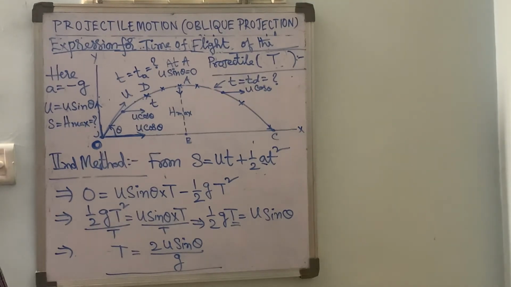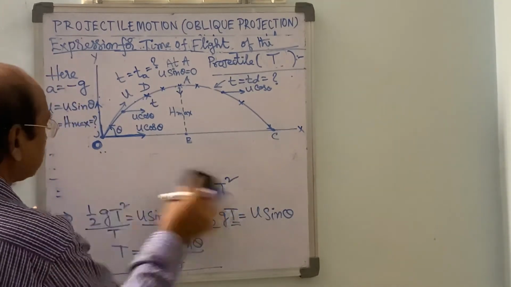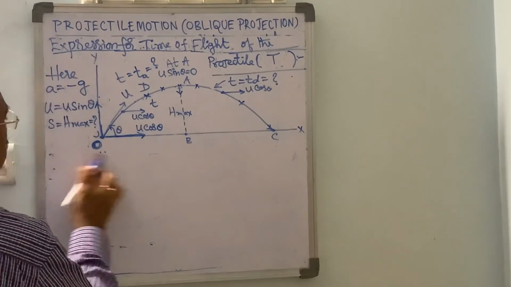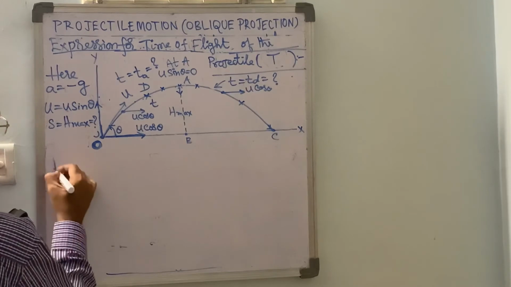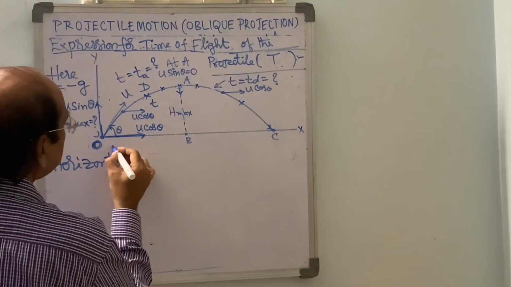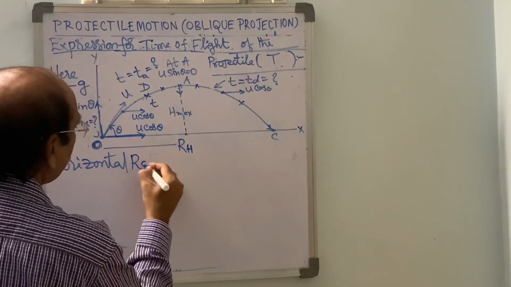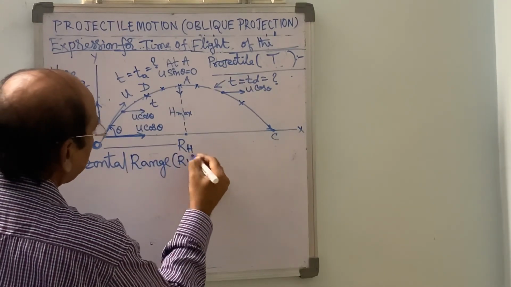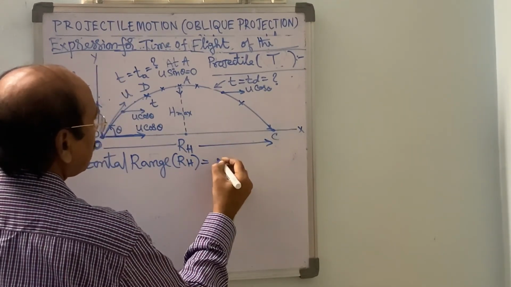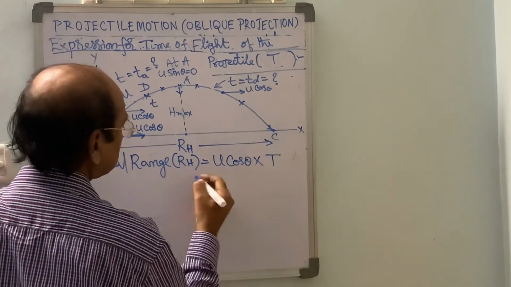Last topic, horizontal projection. Already we did this. Horizontal projection or horizontal distance traveled is nothing but the horizontal range. So the horizontal range is nothing but O to C after starting its journey. This is the horizontal range RH. It is equal to the horizontal component of velocity u cos theta into time of flight.